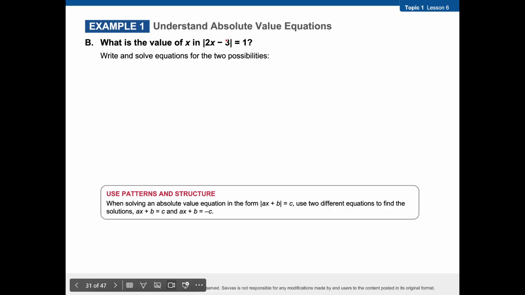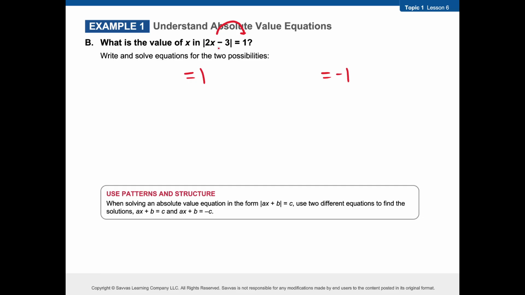Here, now I have an expression. This is a little bit different. So again, what would take 1 space to reach 0 on a number line? It would take 1 space to reach 0, and it would take negative 1 space to reach 0.